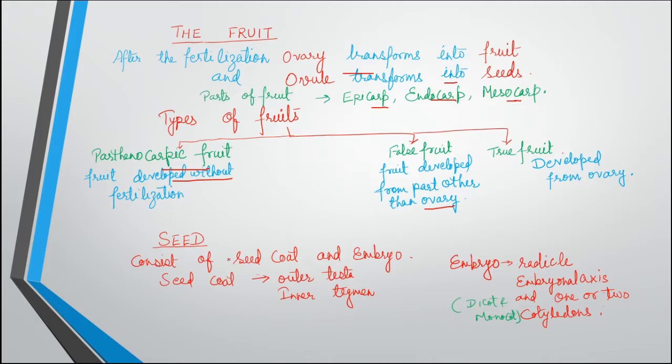Now seed. Seed consists of seed coat and embryo. Seed coat is the outer layer and has 2 layers, outer testa and inner tegmen, and embryo is present inside, having radicle on the lower side, then embryonal axis on which 1 or 2 cotyledons are attached. In a dicot plant, 2 cotyledons, if monocot, 1 cotyledon will be there.